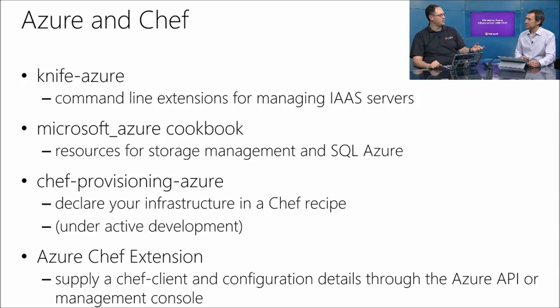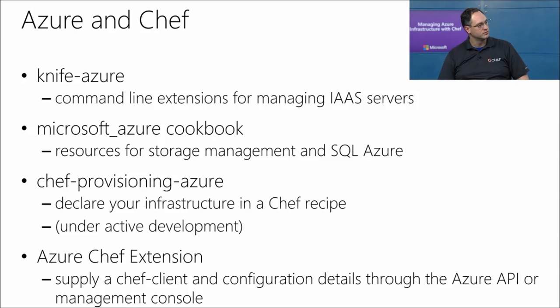And it gives you the ability to include your validation PEM, which is a certificate, part of a key pair that will authenticate you to a Chef server, as well as your client config file. And that can help bootstrap your Azure infrastructure without you having to SSH or make WinRM connections to those nodes. And you can even specify your Runlist. You can. Yep. And so you can actually get things off to a running start.